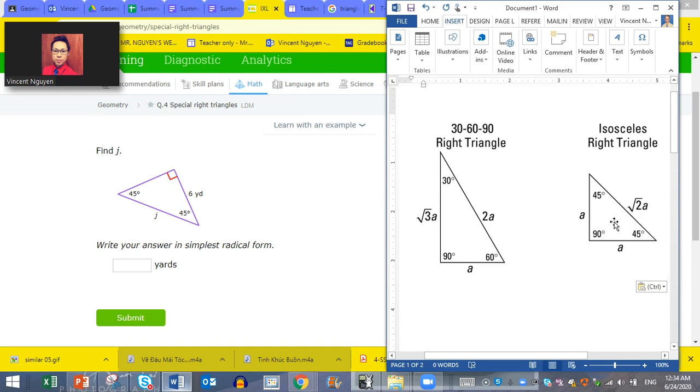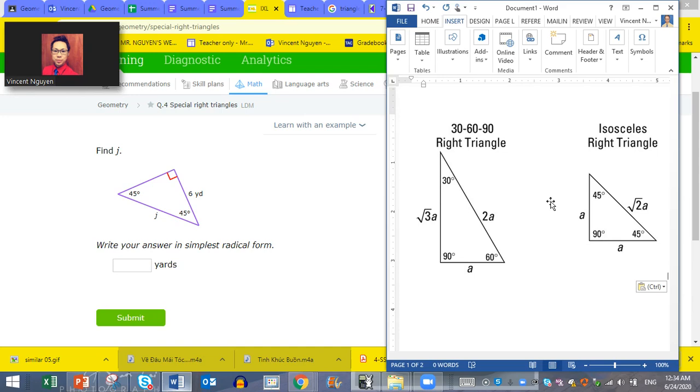Again, A is usually in front of the square root because it's going to be a number multiplied by square root of 2. You're going to see that when we start doing the problem. So these are the two special right triangles. The reason we use them is because they provide us with a quick shortcut, especially when the right triangles only give you one measurement.